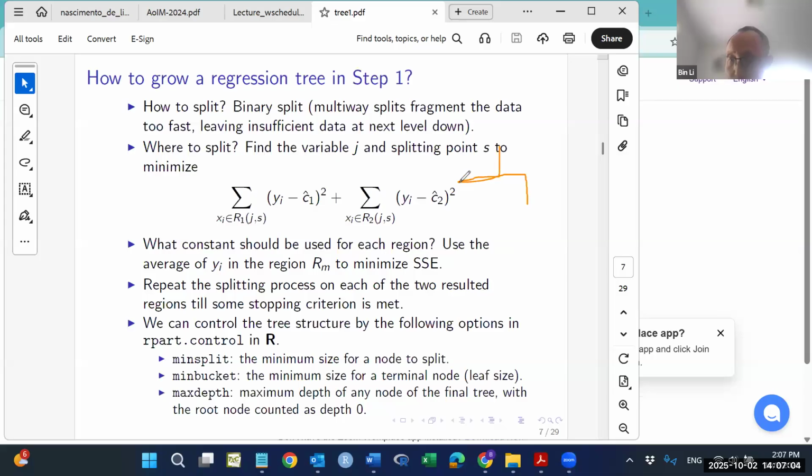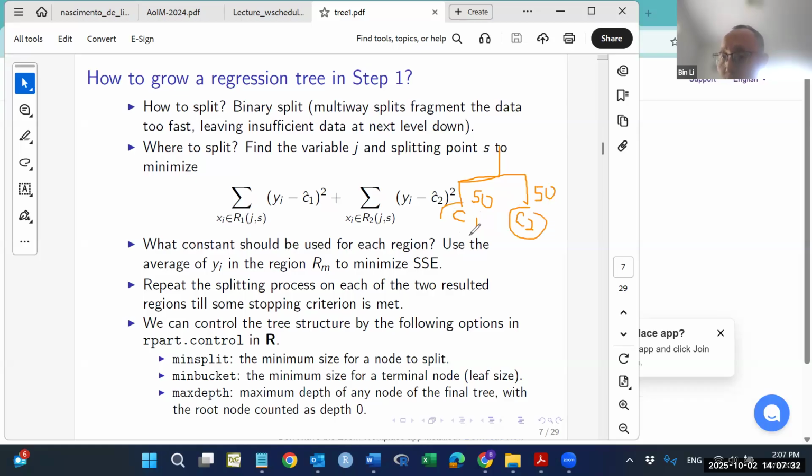For a regression, we fit a constant C1 and C2 at each node, at each leaf, right? Let's say we do a split and then fit a constant. Suppose we have a split, and 50 observations fall into the left branch and 50 fall into the right branch.